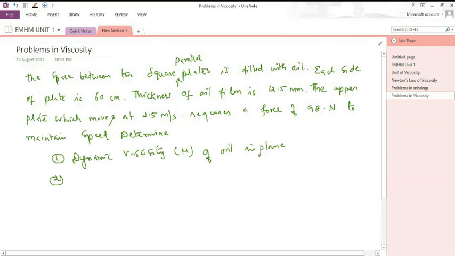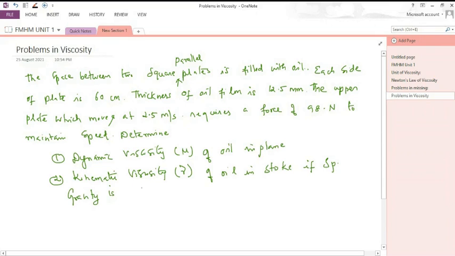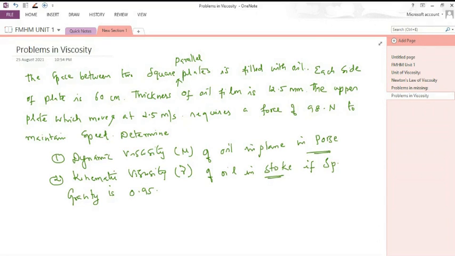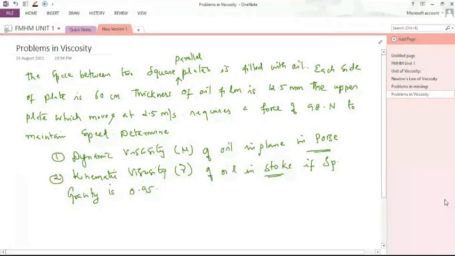The next parameter you need to measure is kinematic viscosity, denoted by the symbol gamma, of the oil. If the specific gravity is 0.95, we need to measure dynamic viscosity in terms of poise, and kinematic viscosity in terms of stokes.